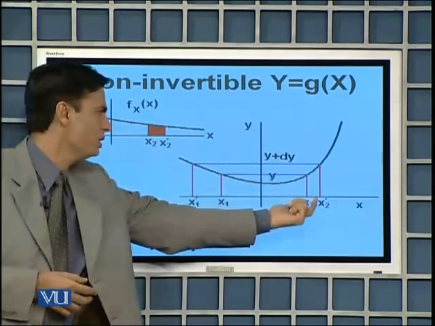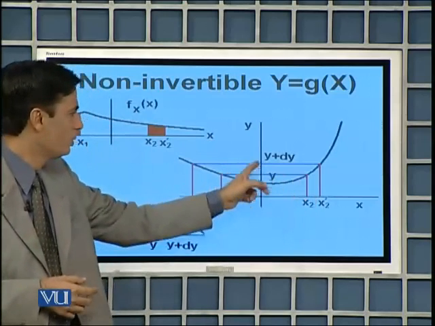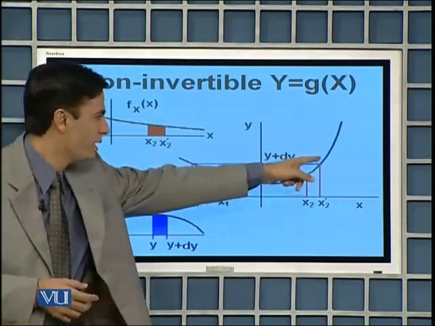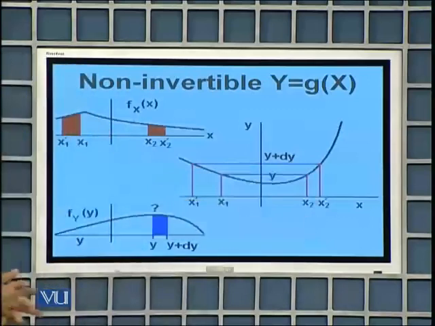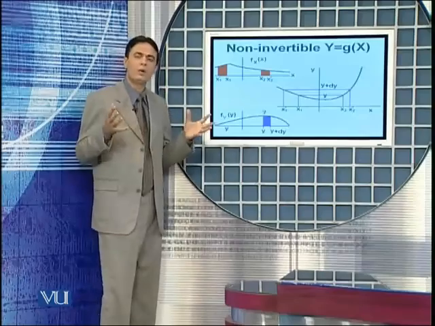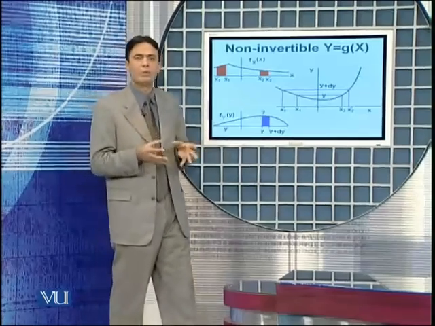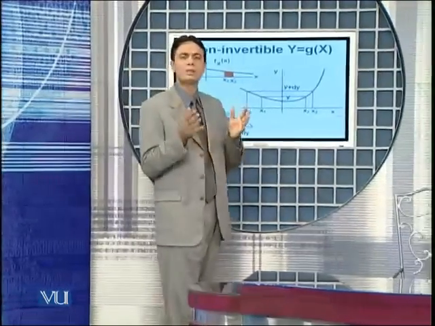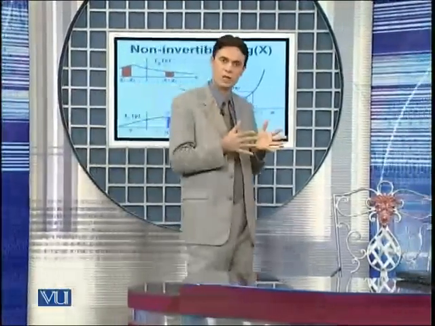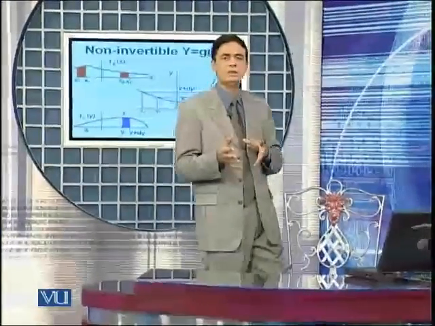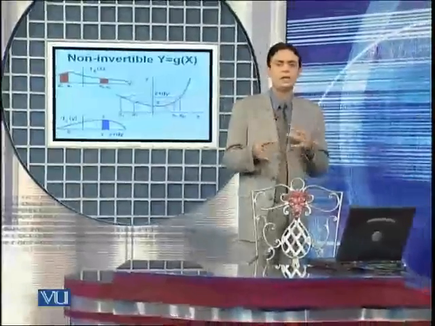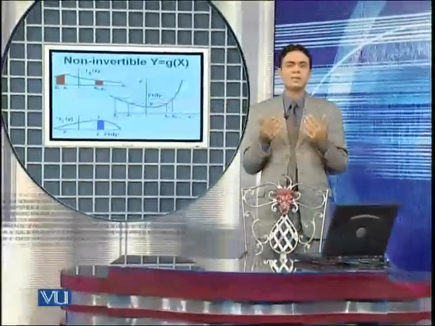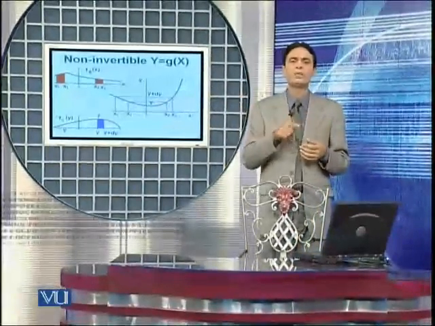Similarly, the width of this interval is equal to this width dy divided by the slope of this mapping at this point. When you combine all these quantities together, you have a relationship between the unknown PDF of y and the known PDF of x and the quantities which are derived from this mapping G.